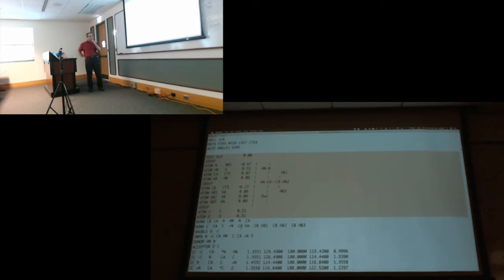In a dihedral angle, it's clear how the two planes are defined. You have the 4 atoms here. The first plane is going to be the first 3 atoms. The second plane is going to be the last 3 atoms. That's clear. But then you have an improper angle. Now you have 3 atoms connected to one center, so you can have 3 planes here: one plane formed by these 3, one by these 3, and one by these 3.